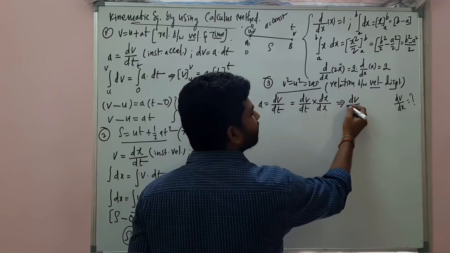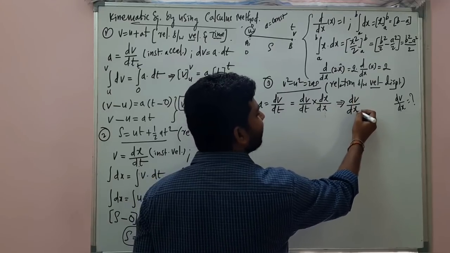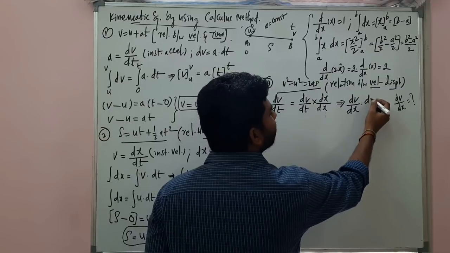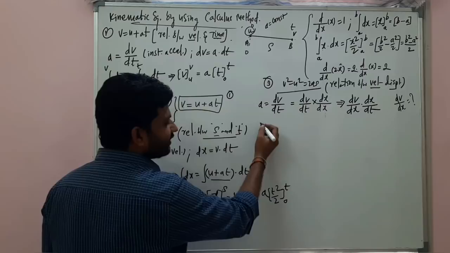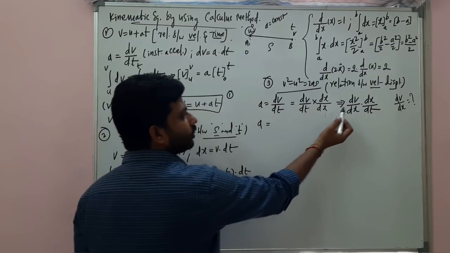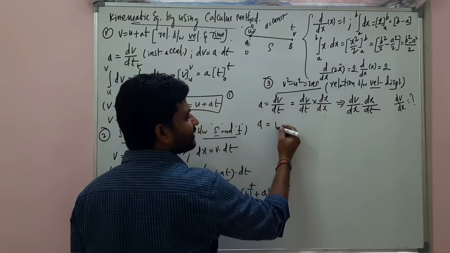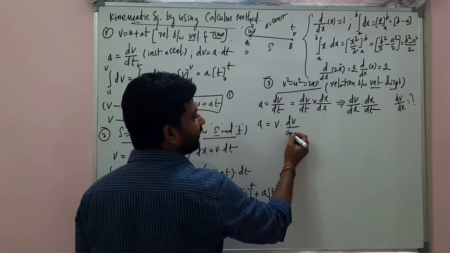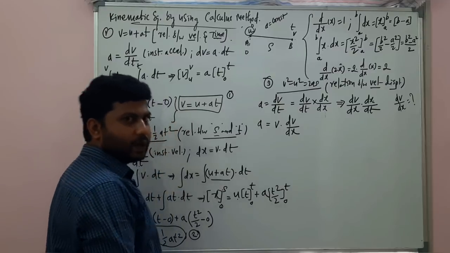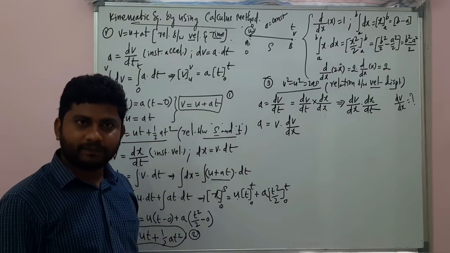Carefully look here, my dear students: dv by dx into dx by dt. This equation, acceleration is equal to dx by dt, which is velocity, into dv by dx. Okay? Clear?